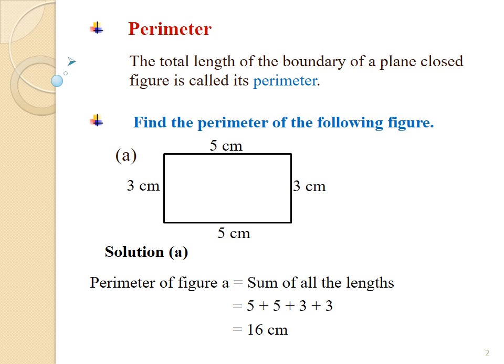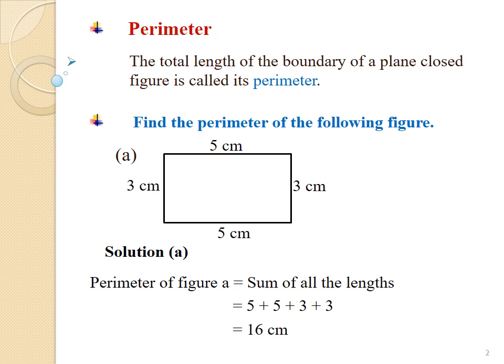Thus, in order to find out the perimeter of this figure, we have to add the length of this plane closed figure. Thus, perimeter of a figure equals to sum of all the lengths.